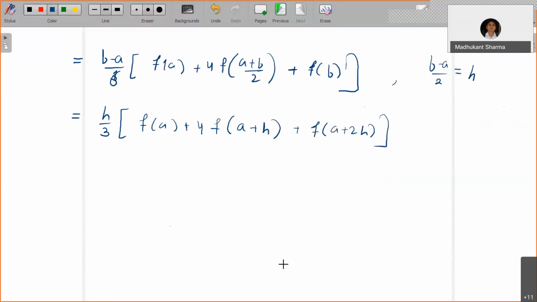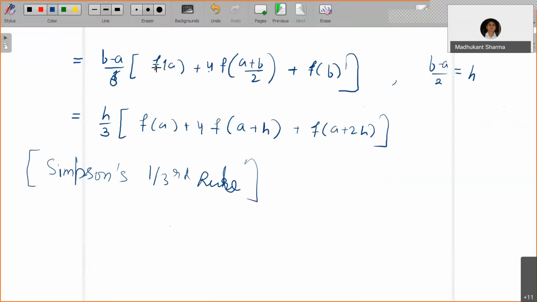Because of this coefficient 1 by 3, this is also known as Simpson's 1/3 rule, because of the h coefficient, that is going to be 1 by 3. Also, one more thing you can notice is that if you add these weights, 1 plus 4 plus 1 is 6, divided by 6, so that's going to be 1.